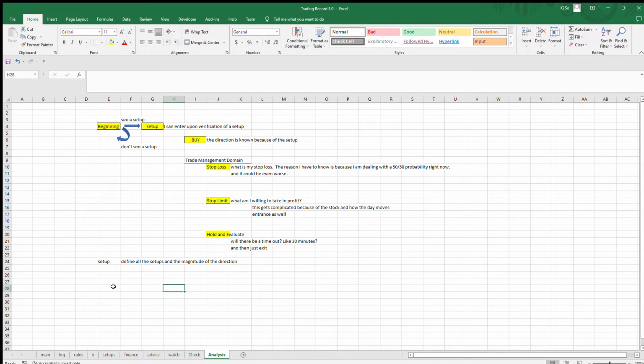The stop loss is essentially saying, what am I willing to lose if my thesis is incorrect?